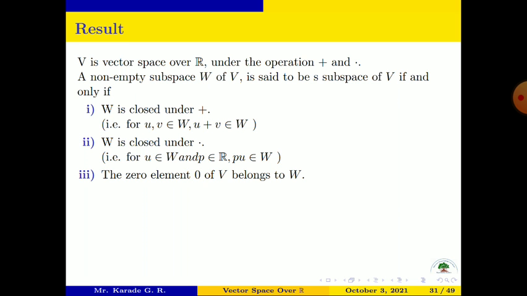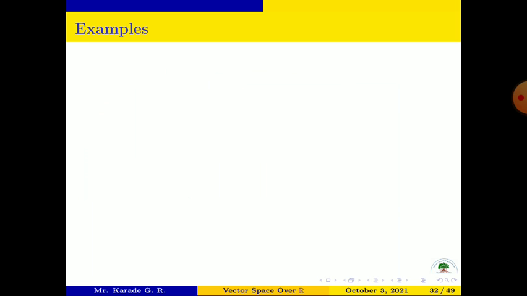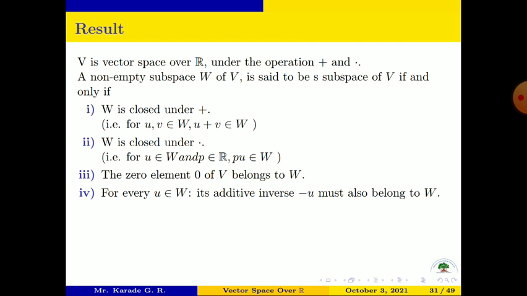Third condition is the zero vector 0 of V belongs to W. The zero vector of the vector space V must be belonging to W. And fourth is, for every vector u in W, its additive inverse minus u must also belong to W. So these are the four properties we have to check.